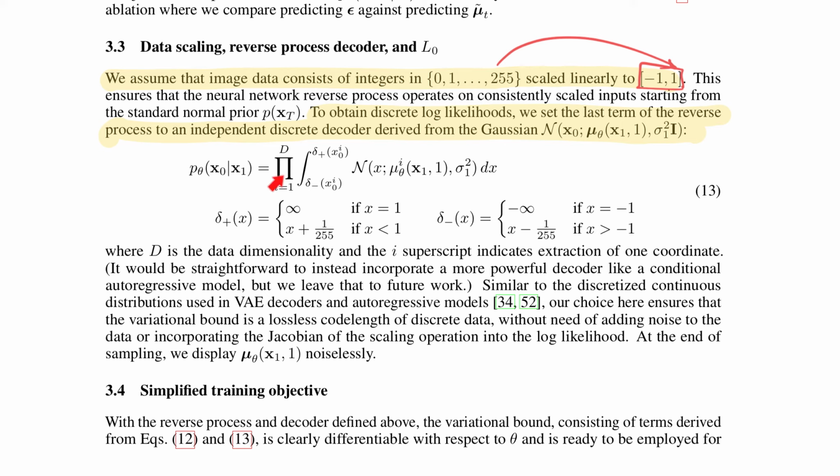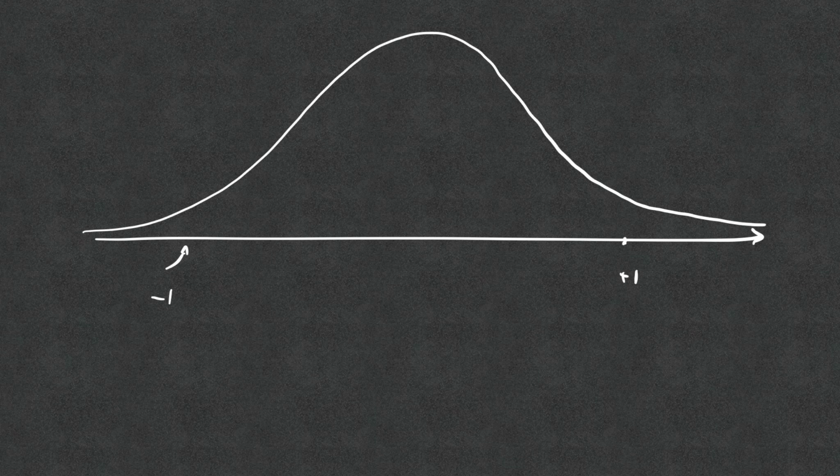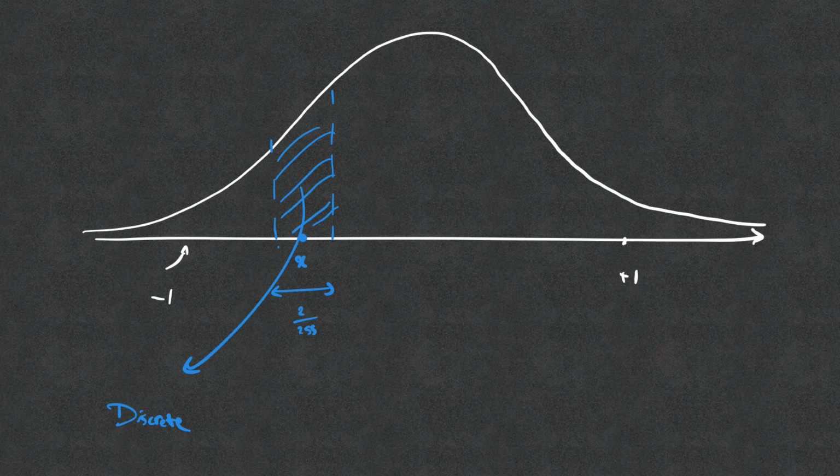Now, if you look at this formulation, what this basically means is something like this. You have a Gaussian distribution with a certain mean and variance. Any x that you pick, given that you have mapped it to -1 and +1, you consider a width of 2 divided by 255, 2 being 1 minus minus 1. And you consider this surface to be the probability you associate with that x.